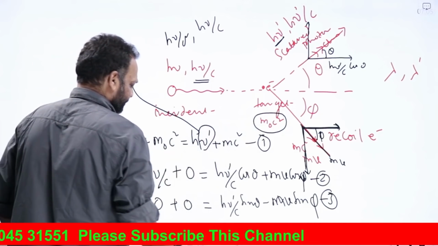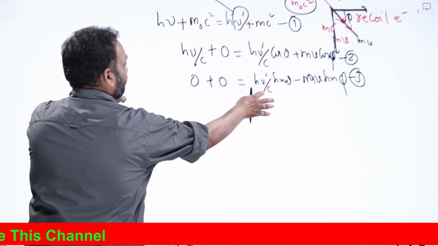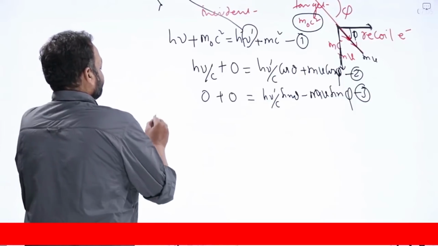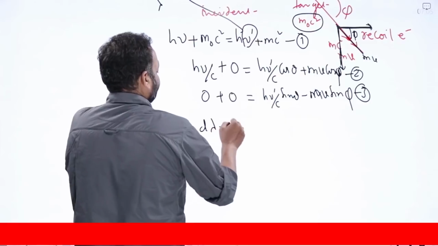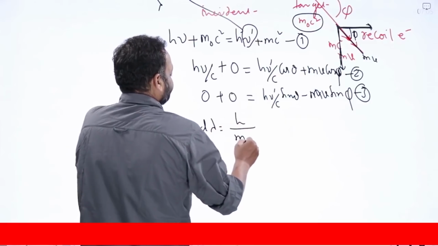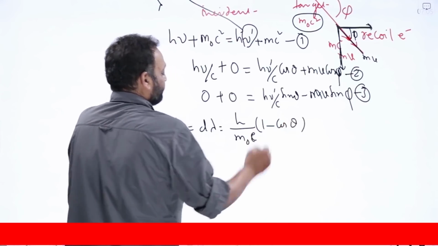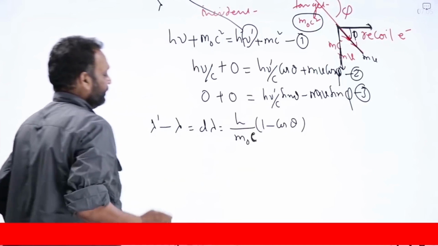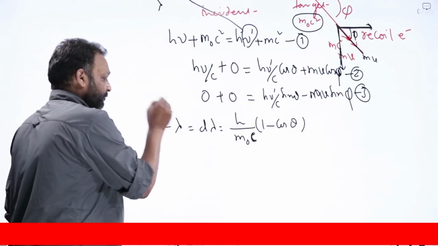Doing all those manipulations, finally we get: lambda dash minus lambda equals d lambda equals h by m naught c into 1 minus cos theta. Lambda dash is the modified wavelength, and lambda is the unmodified wavelength.